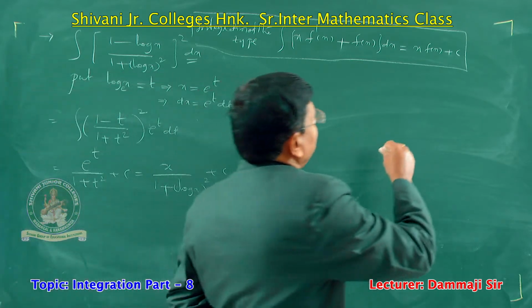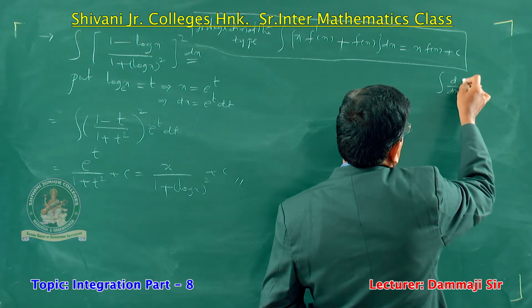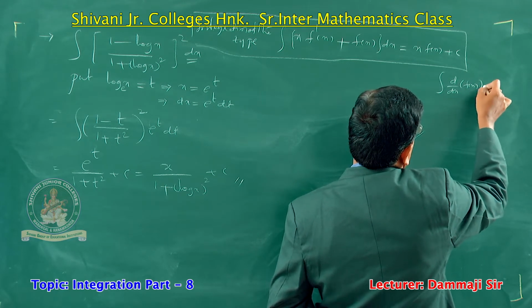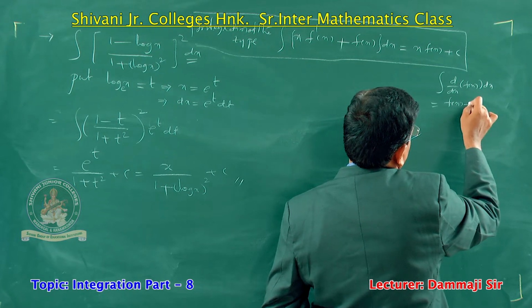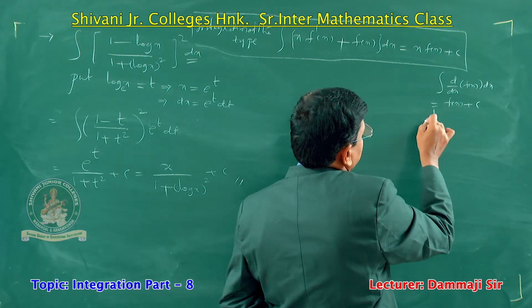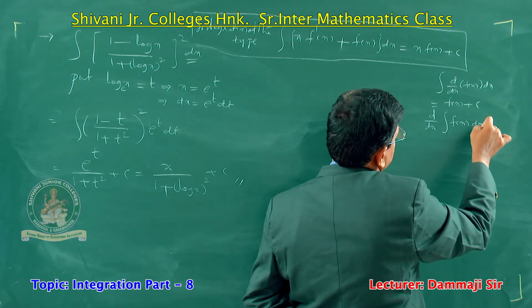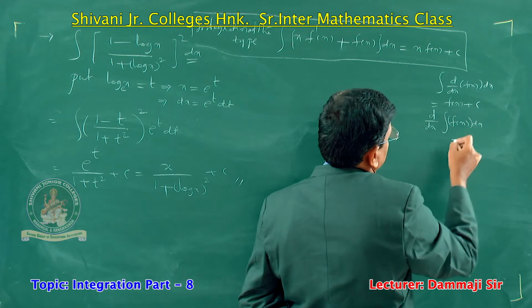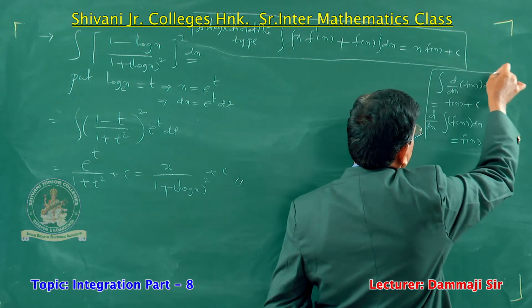But already you know that the integral of the derivative of f of x dx is nothing but f of x plus c, and the derivative of the integral of f of x dx is nothing but f of x only. What is the difference between these two?